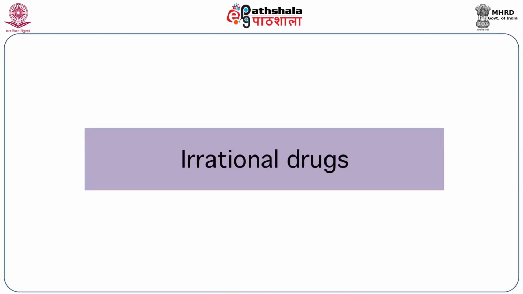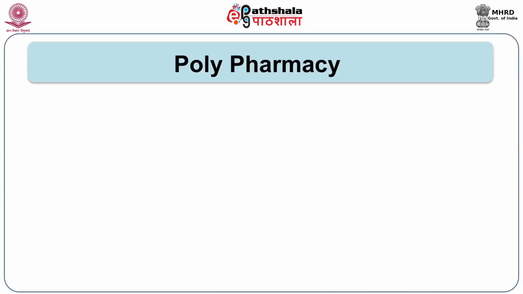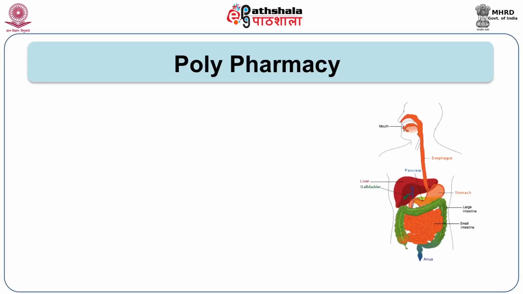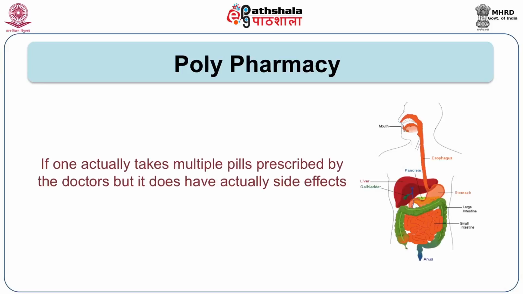There are different forms of irrational drug use. One is polypharmacy, meaning that one takes multiple pills, of course prescribed by the doctor, but it does have a side effect. What is the extent of side effects if one uses multiple drugs for different ailments is something that even medical research has been successful in understanding only to a limited extent.